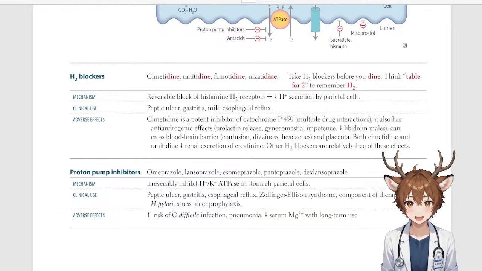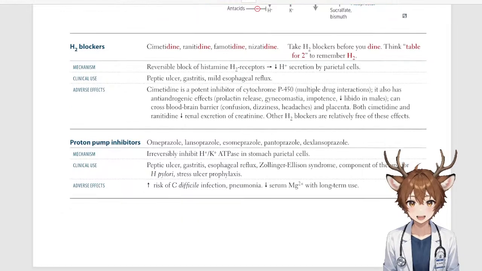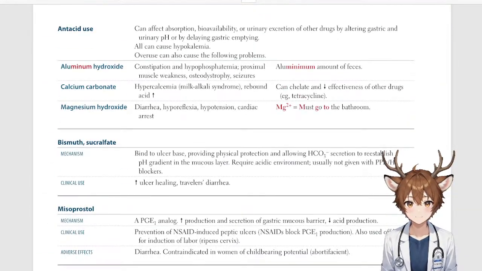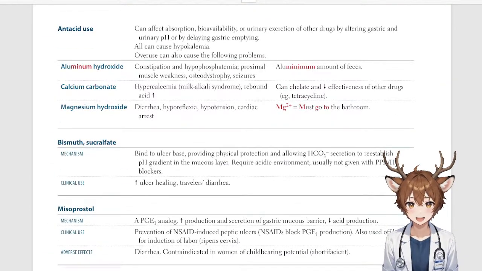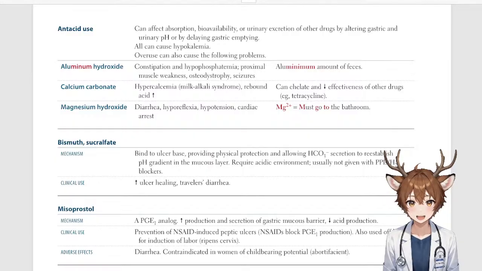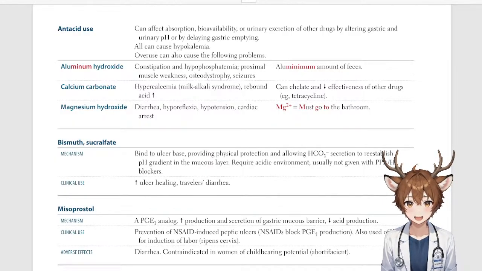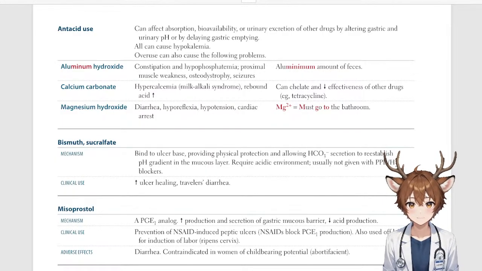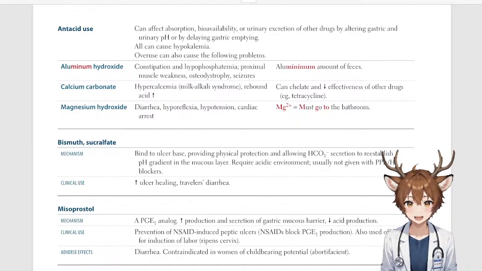What about antacids? Let's go down. Antacids. Antacids can affect reabsorption, bioavailability, or urinary excretion of other drugs by altering the gastric and urinary pH or by delaying gastric emptying. All can cause hypokalemia.